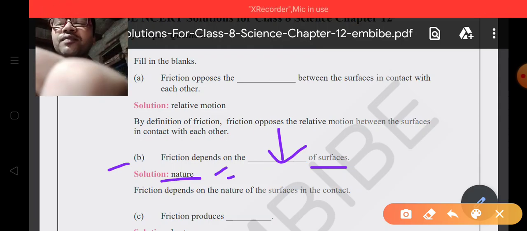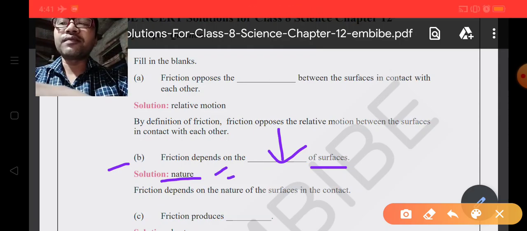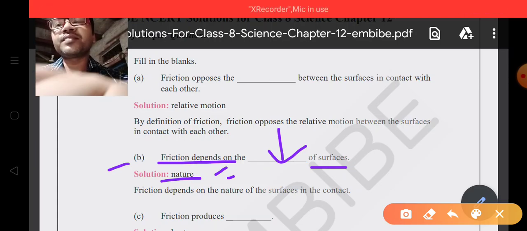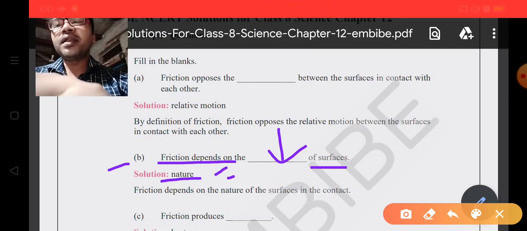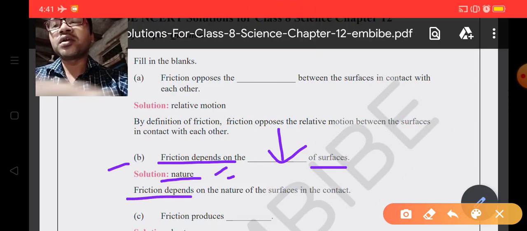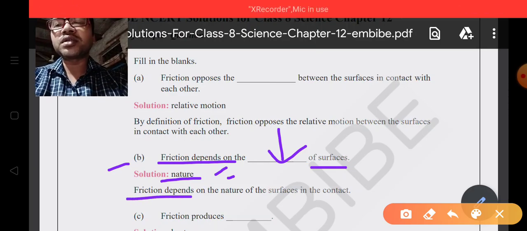So if the surface is rough, then friction will be high. If the surface is smooth, friction will be less. Solution: friction depends on the nature of surfaces in contact.